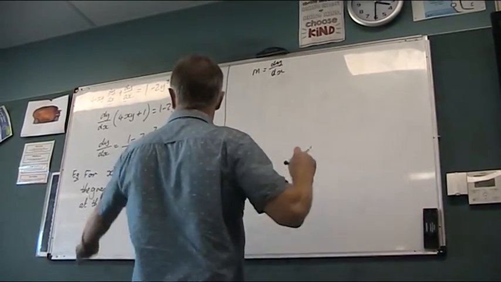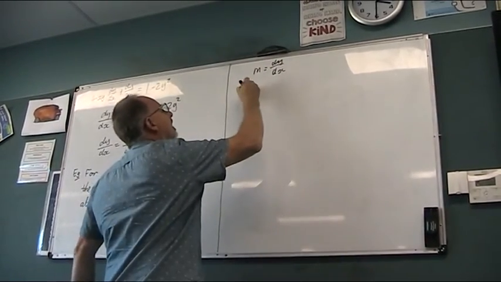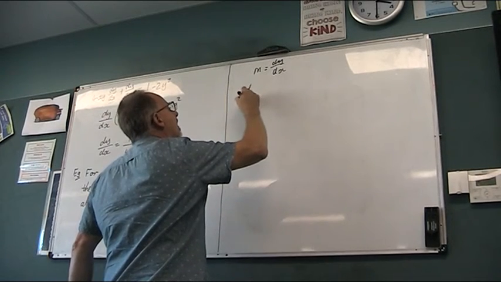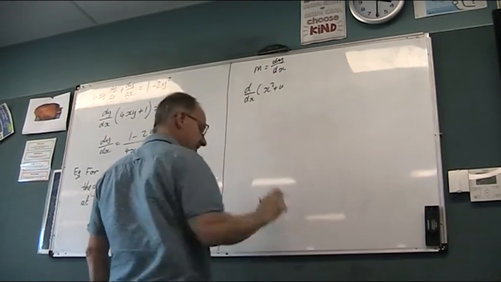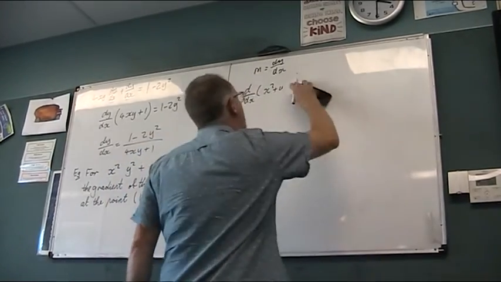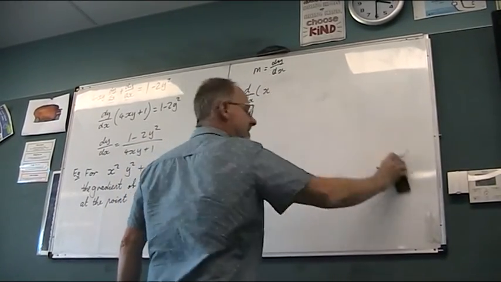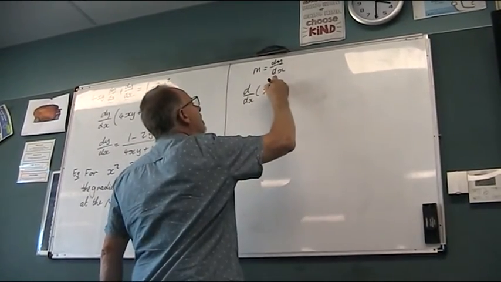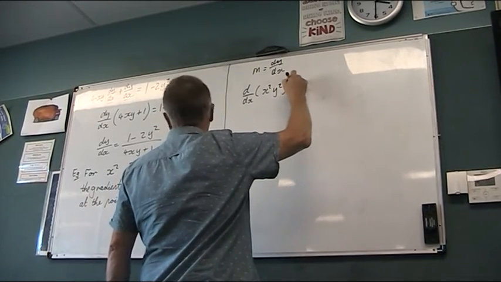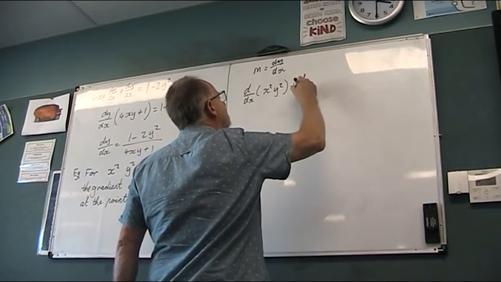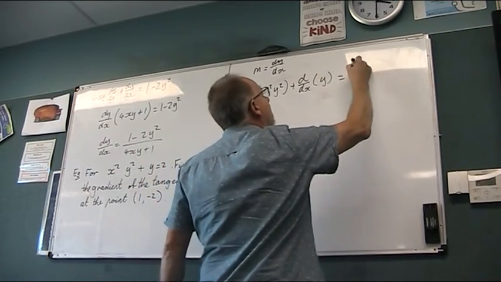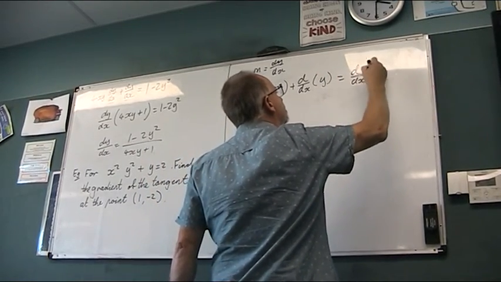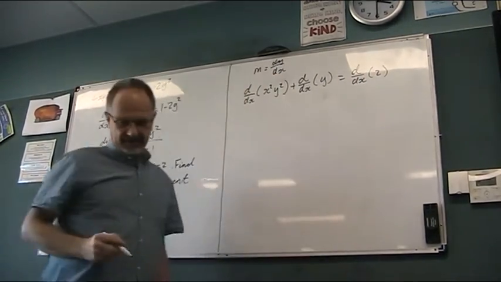Alright, so we need to differentiate x squared times y squared, sorry, not x squared plus y squared, plus y, with respect to x, and 2 with respect to x.